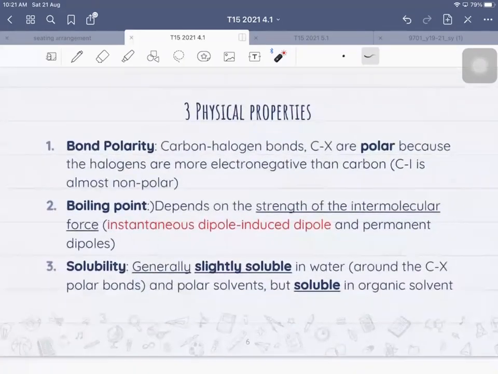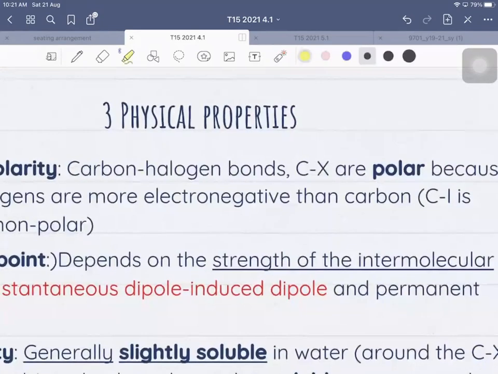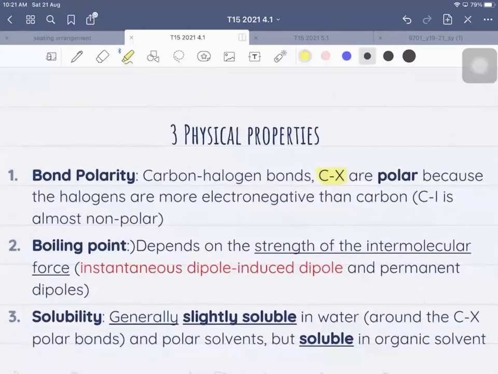Looking at the physical properties of halogenoalkanes. First, we want to look at the bond polarity. Carbon-halogen bonds, C-X bonds, are polar because the halogens are more electronegative than carbon. The first example I'm going to use is the carbon-fluorine bond. We know that fluorine is the most electronegative element among all the elements. In the periodic table, fluorine has the highest electronegativity value.